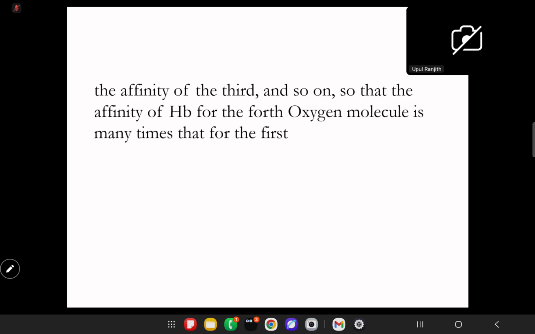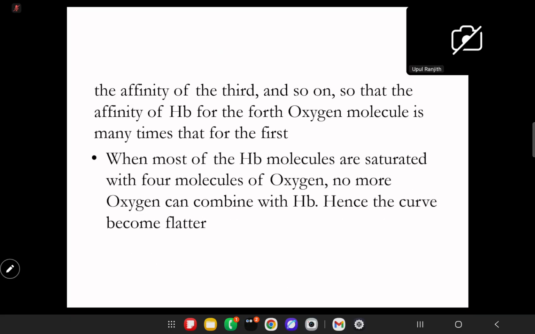So when one is bound, it increases the affinity, and when the second is bound, the affinity is increased more and more. So there you have to describe the molecular basis also. Sometimes it is asked, which we will come to in a few minutes.